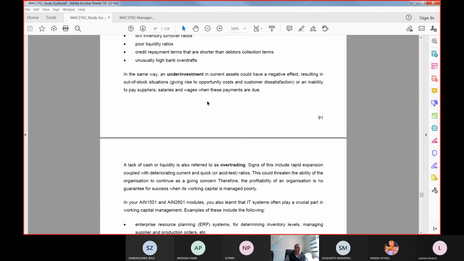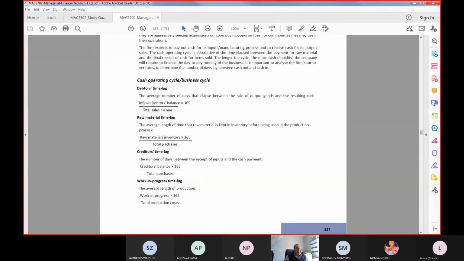Okay, so going back to this again, the quicker you reduce this formula, the better it is for you. The raw material time lag, the quicker you turn this, the better for you. So at the end of the day, the business cycle must function as fast as possible.